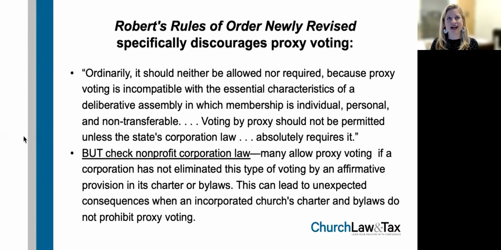And so it truncates the experience that you have when you go to a meeting and you hear someone say an idea that you hadn't thought about before and you change your vote. So that's why Robert's Rules tends to be resistant to voting outside of a meeting.